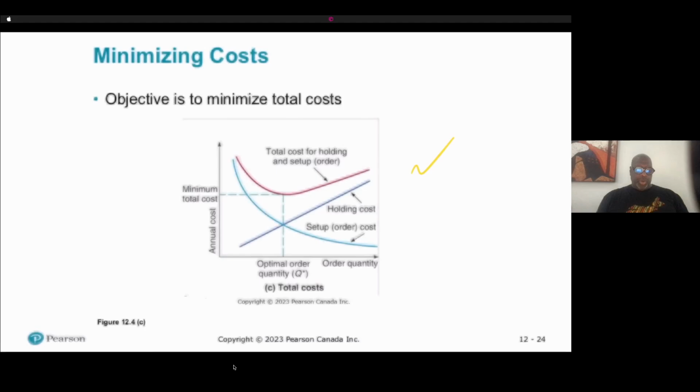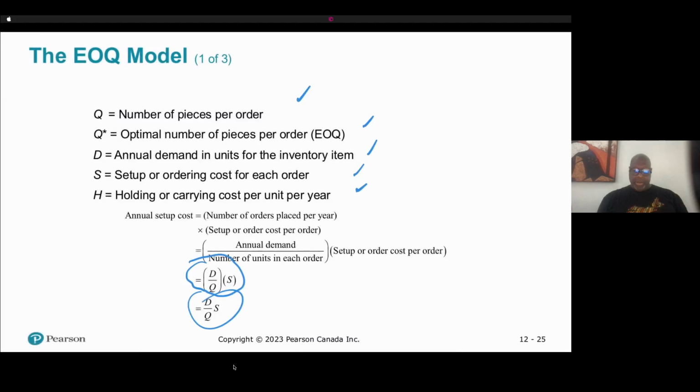So I explained a little bit earlier, and I may have lost the visual at that point in time, but that's the nomenclature. Q is the number of pieces per order, Q star is the optimum order quantity, D is the annual demand, S is the setup cost, H is the annual holding cost.